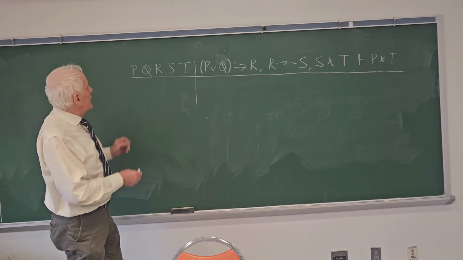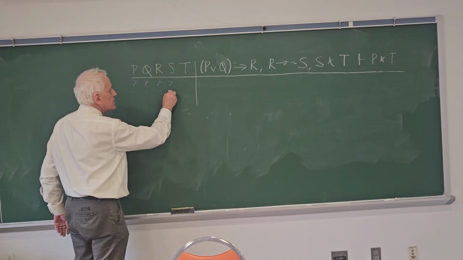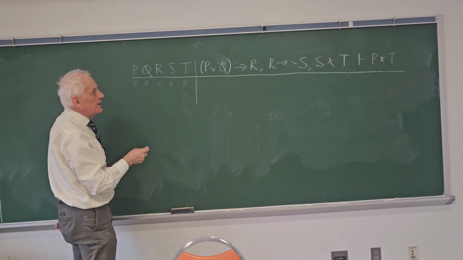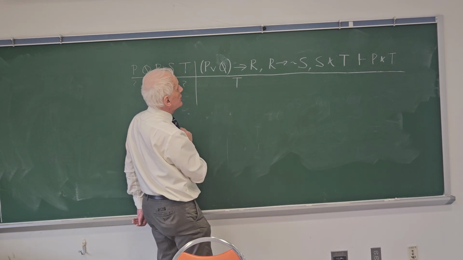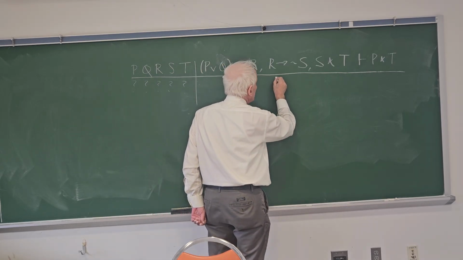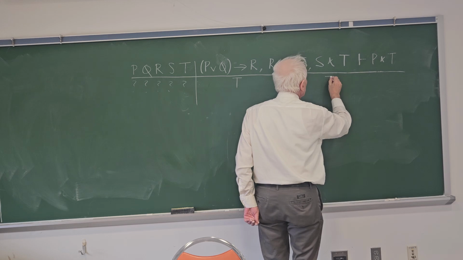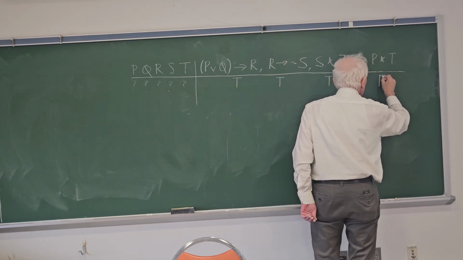We could say, is there a way of assigning truth values here, T's and F's? Is there a way of putting some combination of T's and F's here that will give us true for the first premise, true for the second premise, true for the third premise, and yet give us false for the conclusion?